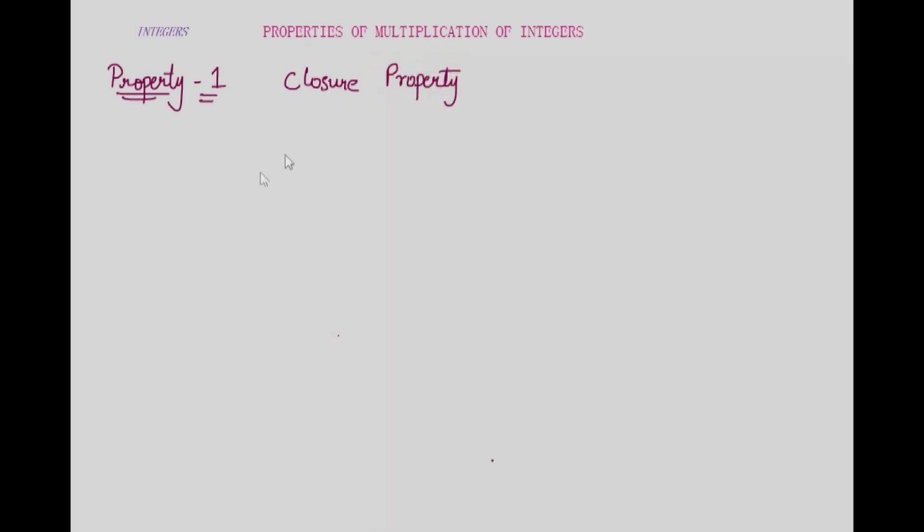Closure property. Let us multiply two integers, see their product. Let us take two integers, for example -3 and -4. Let us multiply these two integers. -3 into -4. Here minus into minus becomes plus.